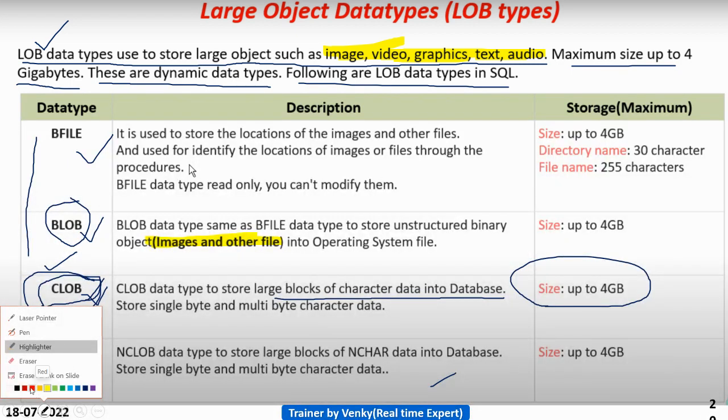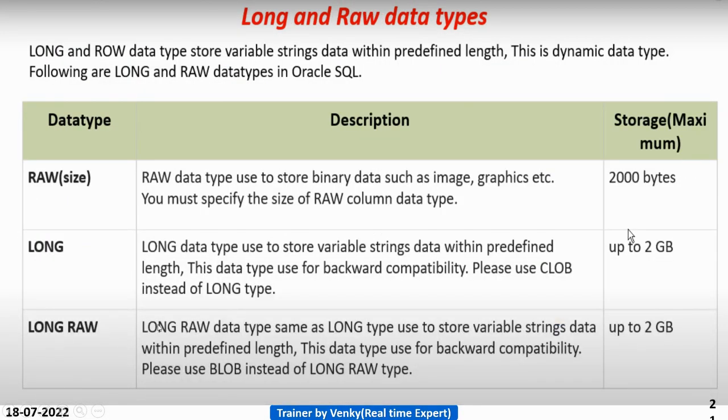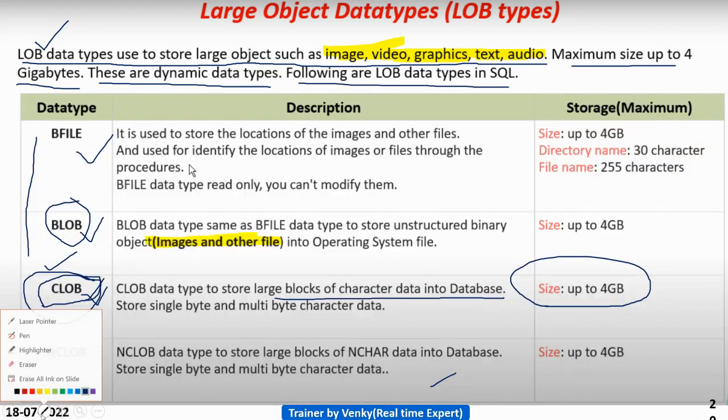We use the BLOB data type. BLOB is used to store images and other files, not character data.